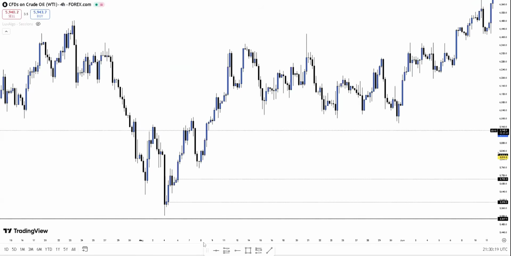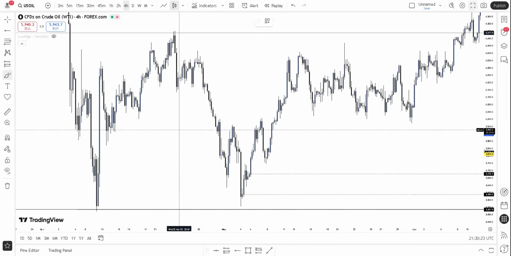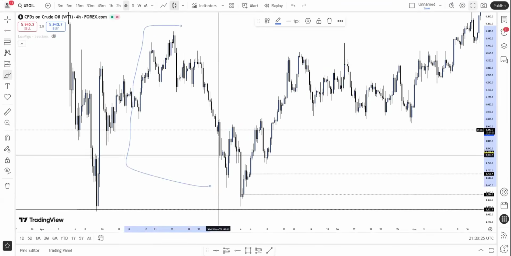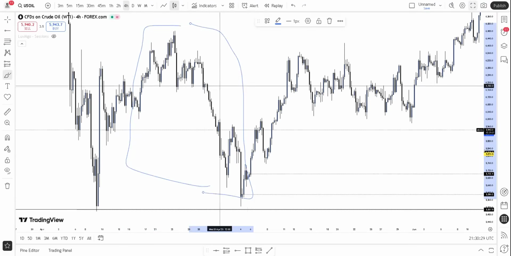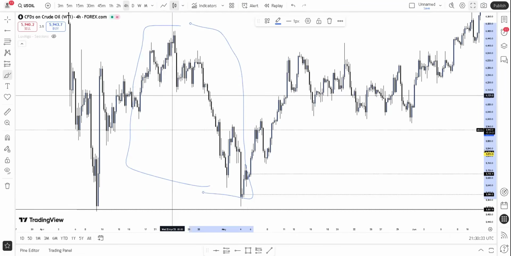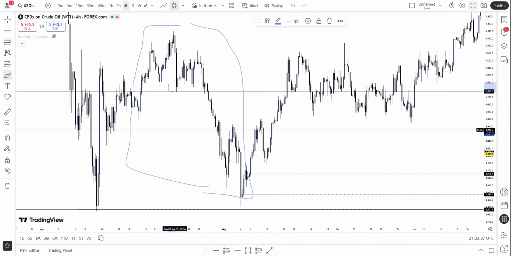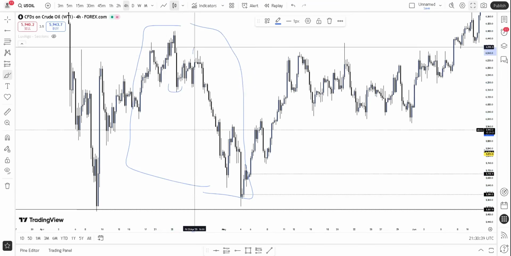What was occurring in this storyline here? From these points to these points, what occurred? Market was in a downtrend. How do you know it's in a downtrend? It was giving you a series of what? Lower low, lower high.